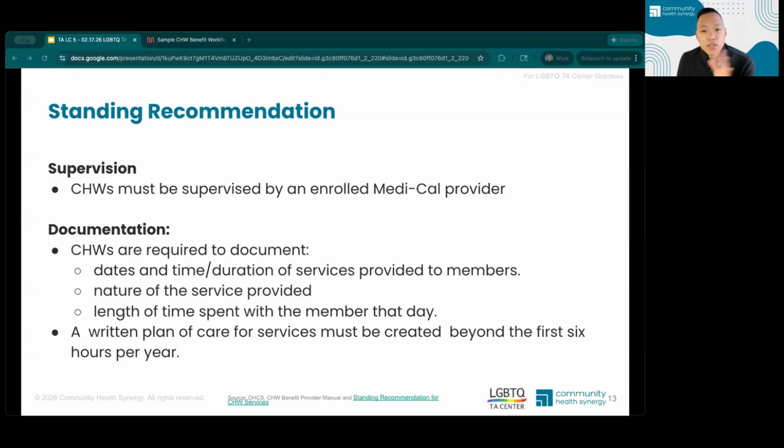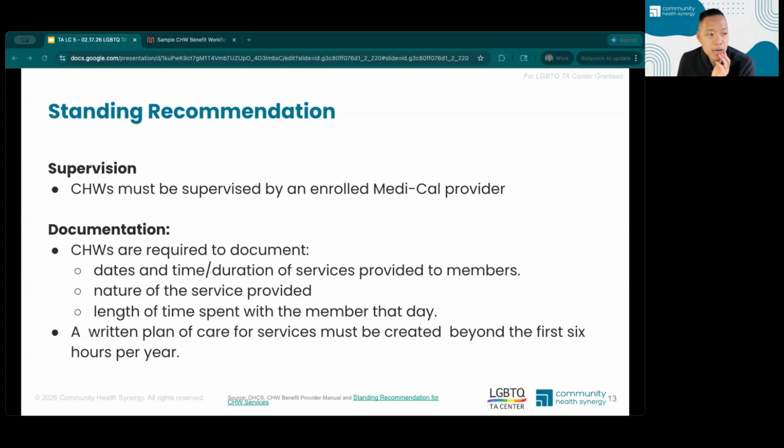After a member receives their first 12 units of covered CHW services, 6 hours, a written care plan signed by a licensed provider is required.